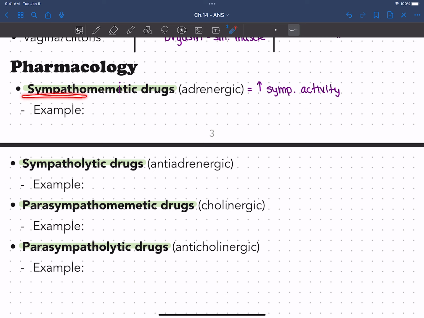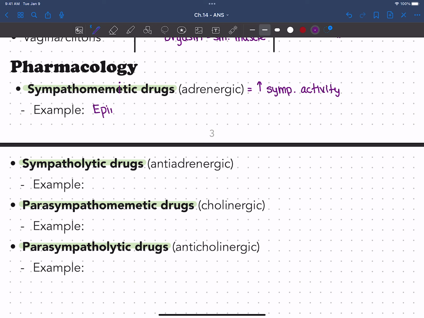Sympatho telling you it's referring to the sympathetic nervous system, and mimetic referring to the fact that it kind of mimics the sympathetic nervous system. Okay, so this is going to be working with the sympathetic nervous system or activating the sympathetic nervous system. And the most common example of this as a drug is epinephrine.